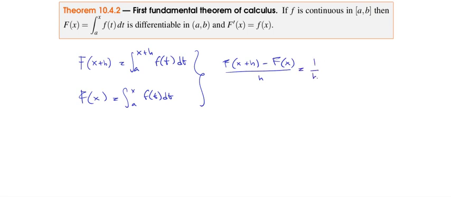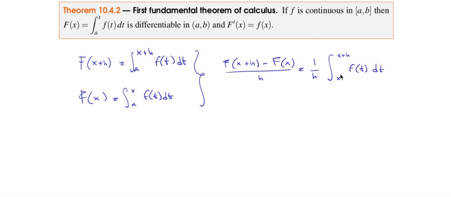So this becomes 1 over h times the integral between x and x + h of f(t) dt. Now we're supposing that h is positive. If h is negative, this is the same. You can read the proof in the lecture notes. But it's exactly the same thing.